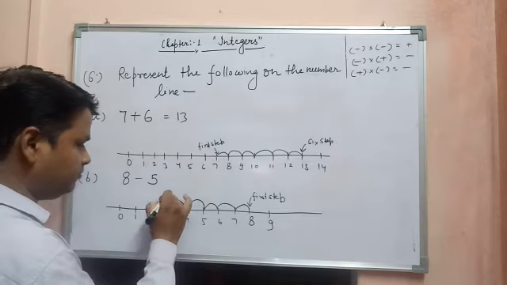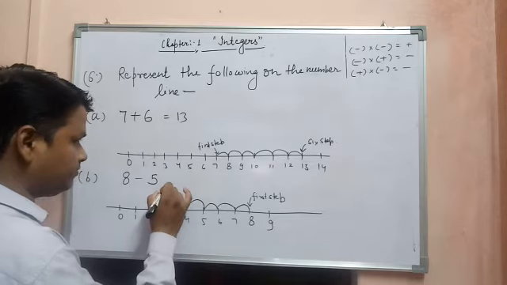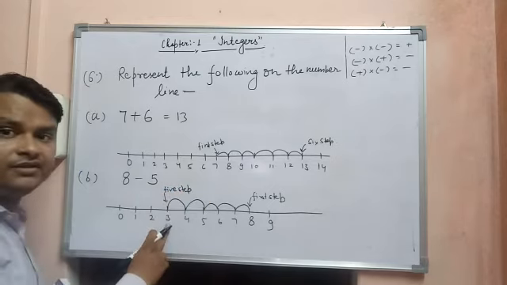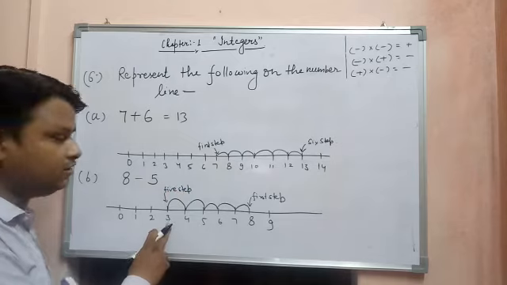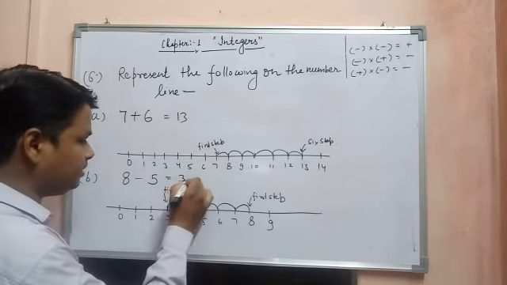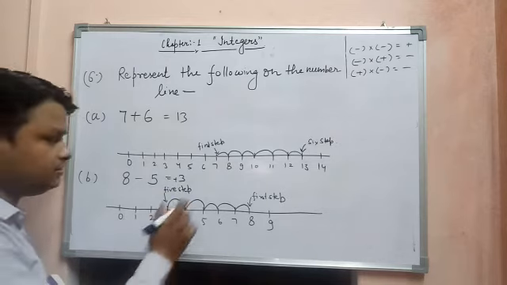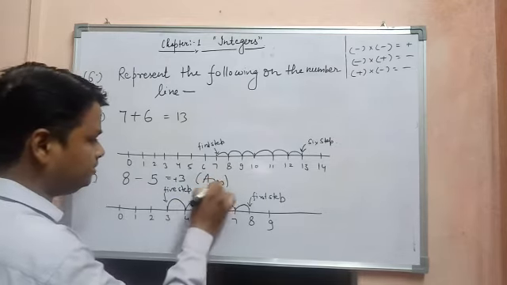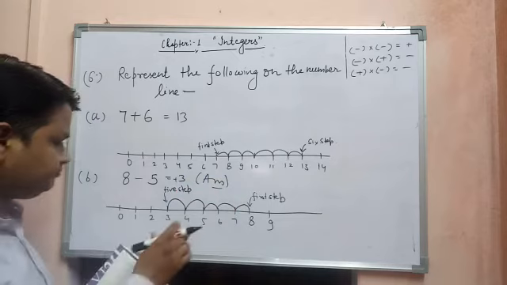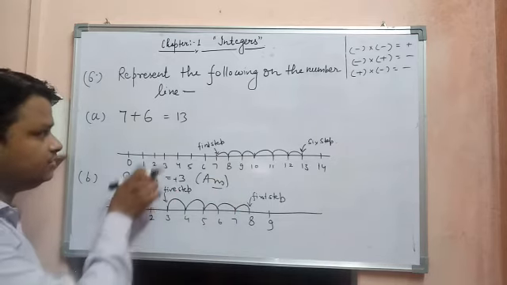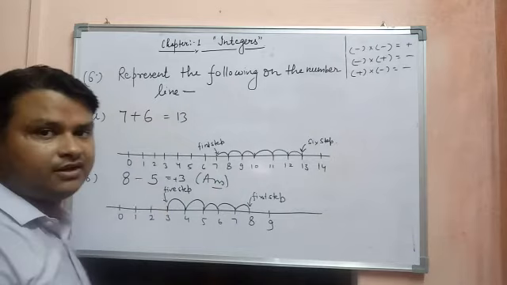This is the 5 steps, and where we have reached, the number is 3. Then the answer is +3, because after 0 the number is +3. So this is the way we can represent addition and subtraction on the number line.